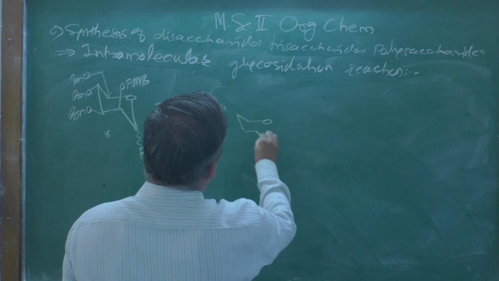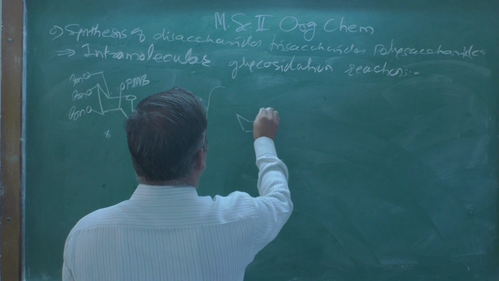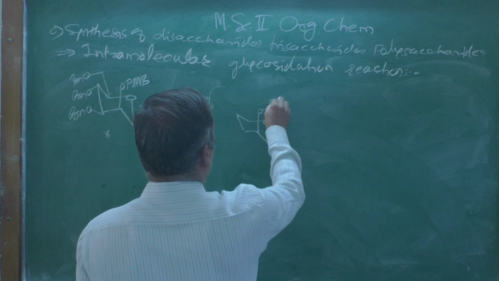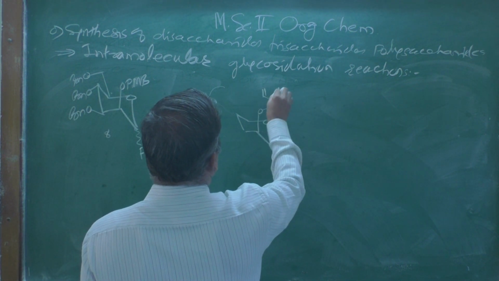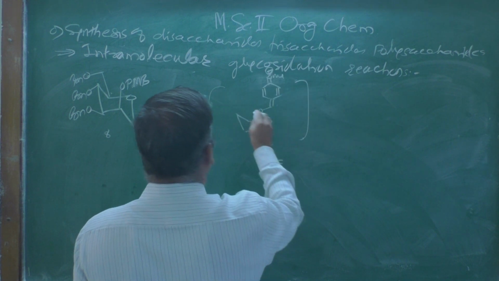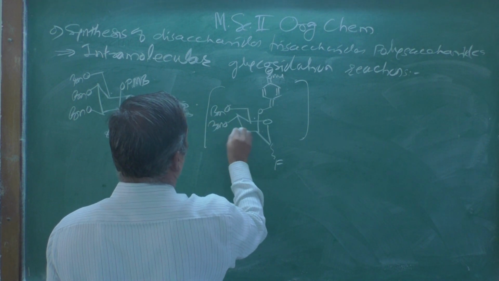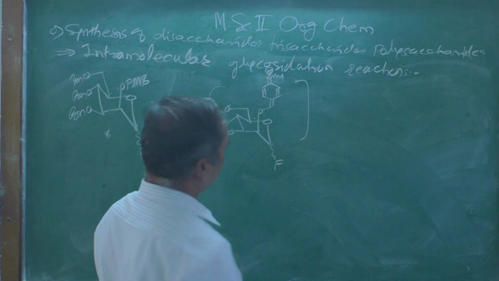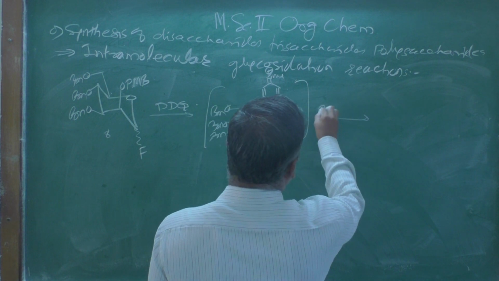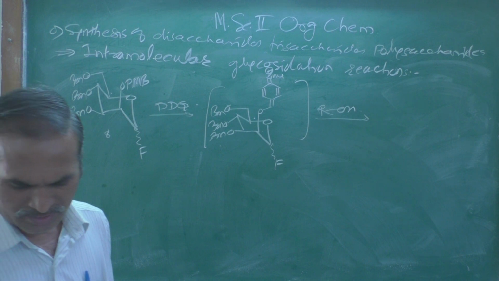Once again O, here you can write F as it is. Then there will be OMe with a positive charge, and the other parts OBn remain as they are. And now when it is treated with ROH alcohol, what do you get?